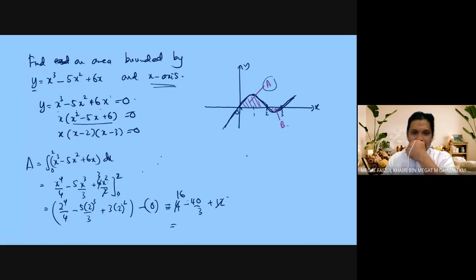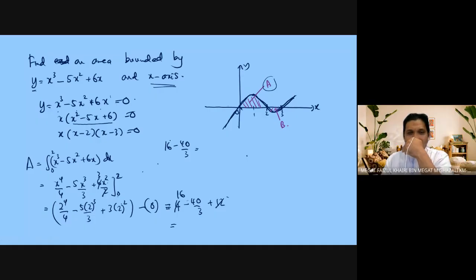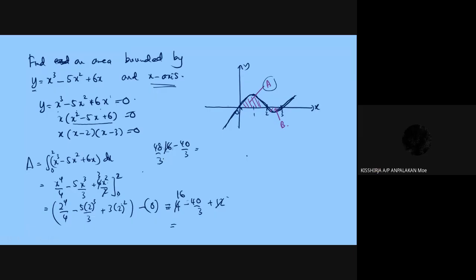Okay, how is it? 16 minus 40 over 3. How do we deal with this? Denominator. This is an integer and this is a fraction, so we change it into a fraction. 16 multiplied by 3 is 48 over 3. 48 divided by 3 equal to 16.